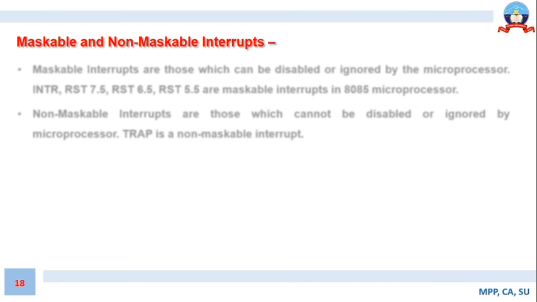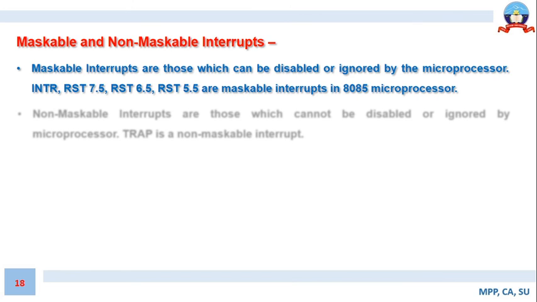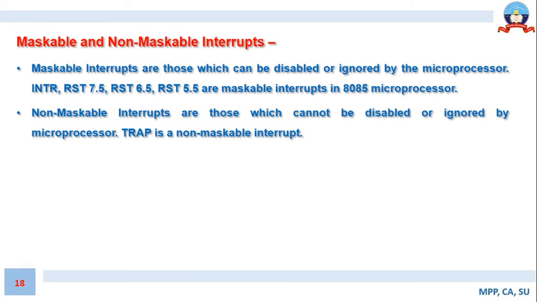So once the interrupt takes place, it cannot be ignored. So INTR, RST 7.5, 6.5, 5.5 are examples of maskable interrupts in the case of the 8085 microprocessor. Whereas non-maskable interrupts cannot be disabled or ignored by the microprocessor. So TRAP is a typical example of a non-maskable interrupt.